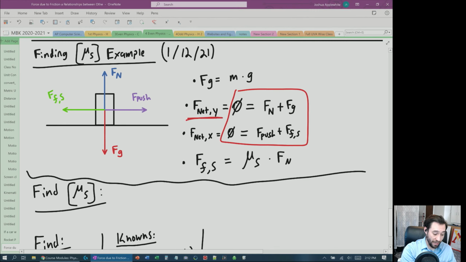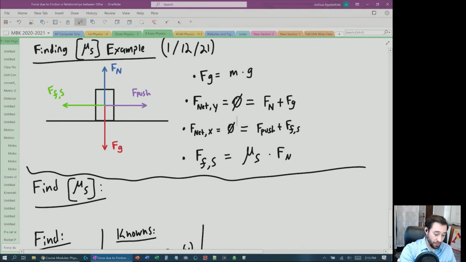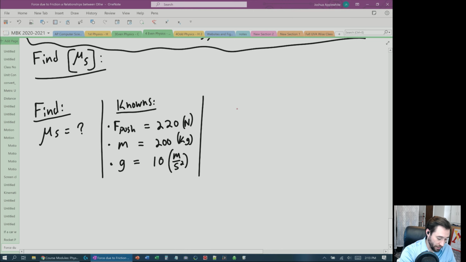This one is just adding up all the stuff in the y-axis, and I know that it's equal to 0 because it's not changing its state of motion in the y-axis. And the same thing for the x-axis. Which one of these equations, 1, 2, 3, or 4, has mu sub s in it? It's this one here, equation number 4.